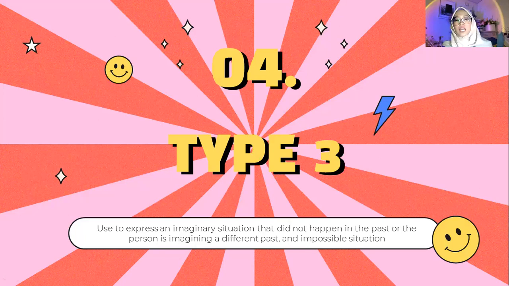So basically, this type is to express a situation that is most likely impossible to have happened in the past. So the situation is impossible. If the situation is in the past, it's impossible to happen now.